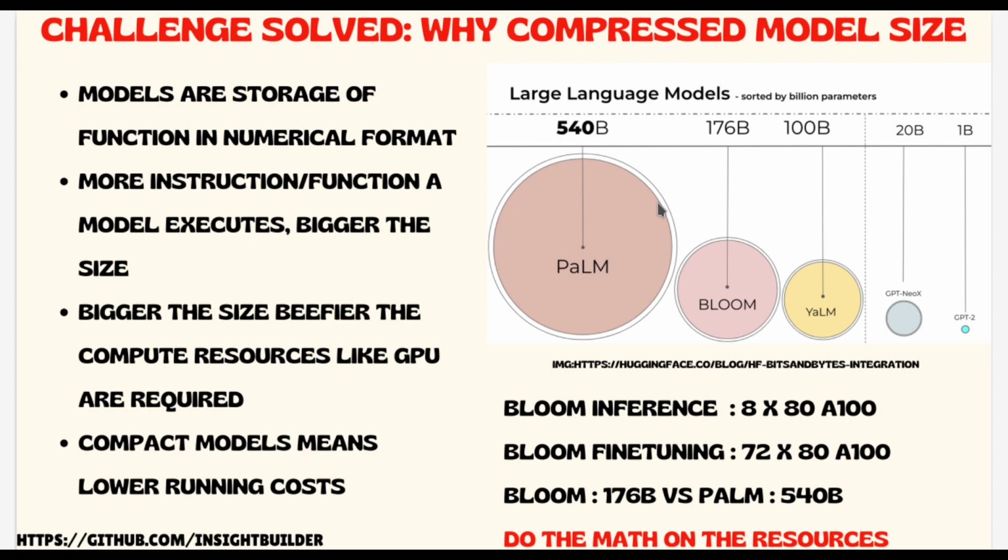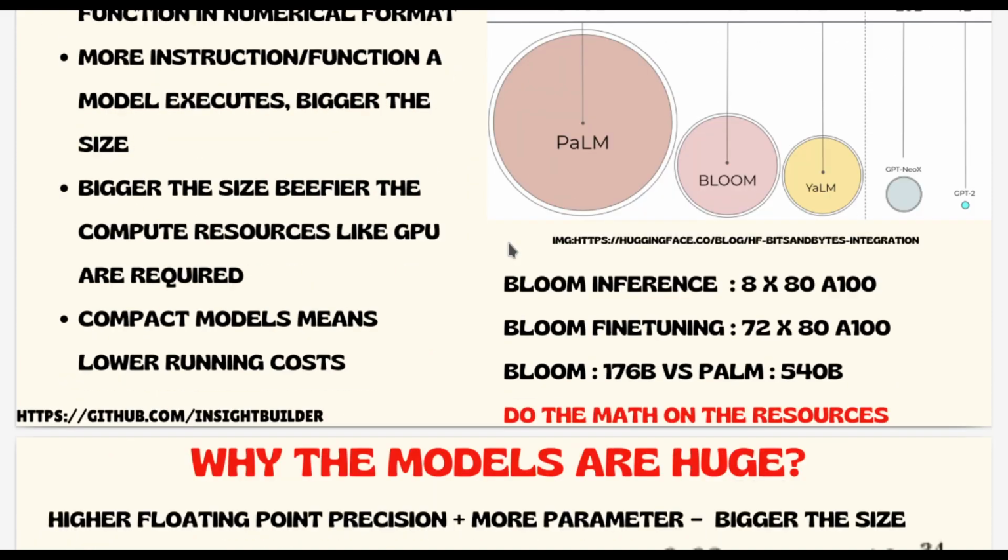This is a function, and this particular function and the way of adding two numbers gets stored inside this model. The model is kind of a storage repository of functions, and these functions are written or created using numerical values. This is what you have to understand at the top level.